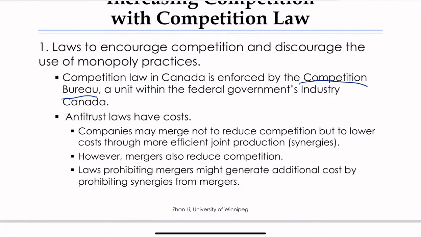Then actually the regulating agency will battle with the merged firms in court. They will have to use some lawsuit and they will hire some economists to make their arguments. So generally the economists from the regulating agencies will try to argue that the cost of reduced competitiveness is larger than the benefit.